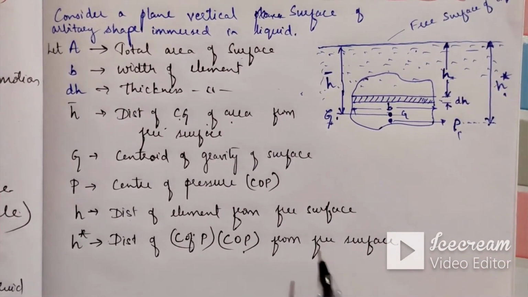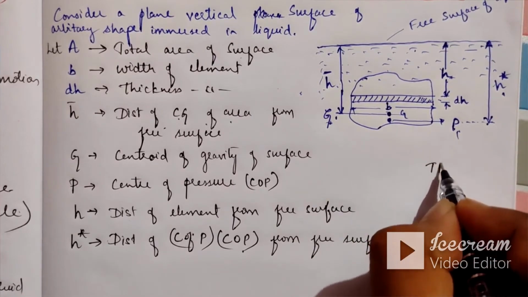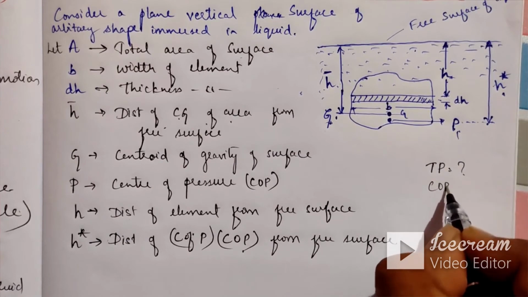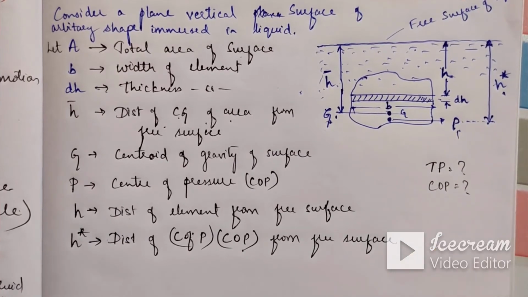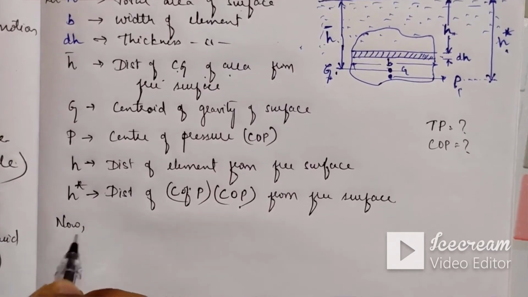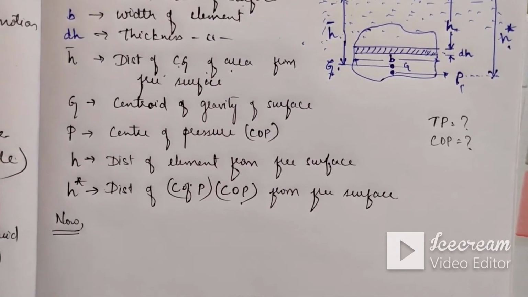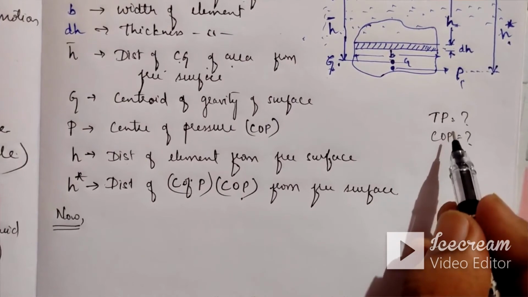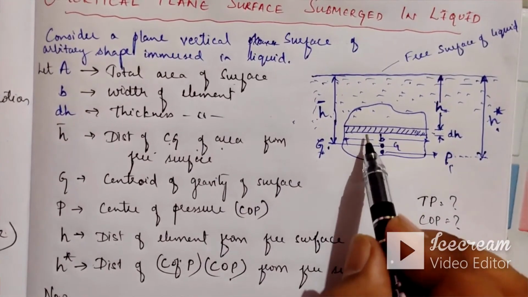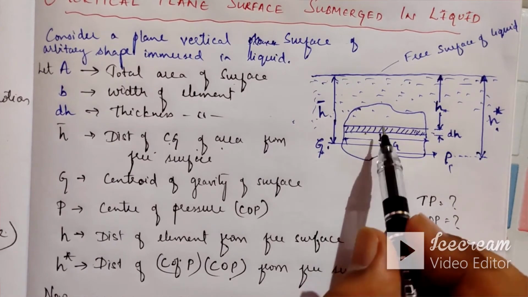Okay, what we have to do? Just consider and note down this element. So why are we doing this? To calculate the total pressure and the center of pressure. So now we have to calculate the total pressure. Here we have considered an element.